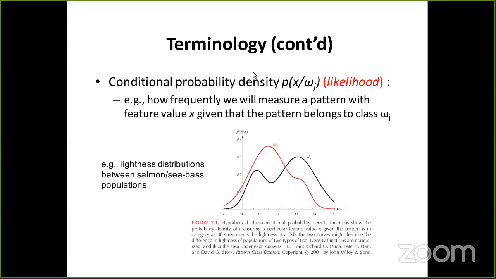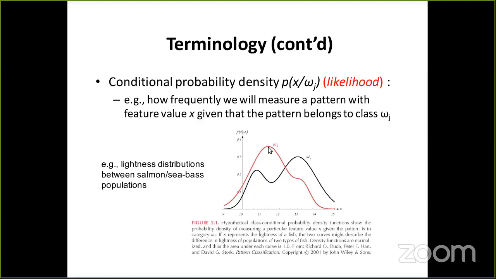There is another term which is called the conditional probability. This is p of x given omega j. Suppose you know the class that your fish belongs to, then what is the distribution over the features? For example, here we have two examples, omega 1 and omega 2. Omega 1 is one type of fish, omega 2 is another type of fish. If we look at omega 2, we see that the distribution p of x given omega peaks over here.